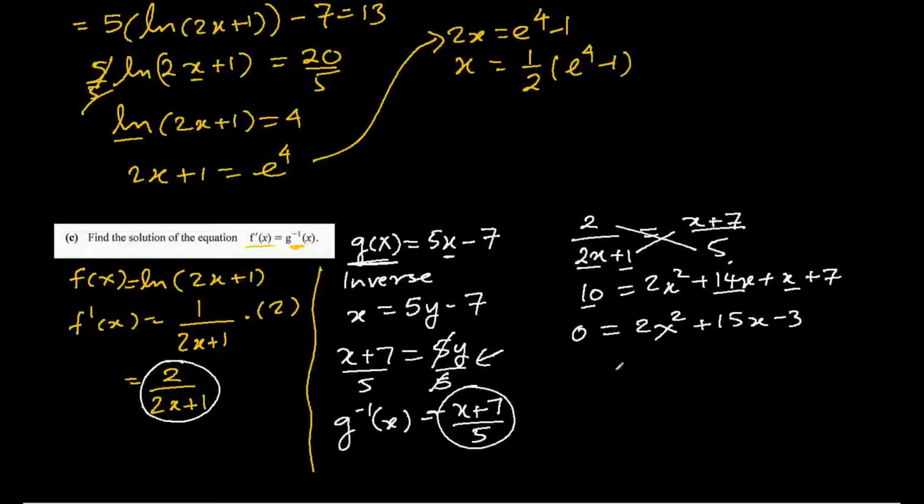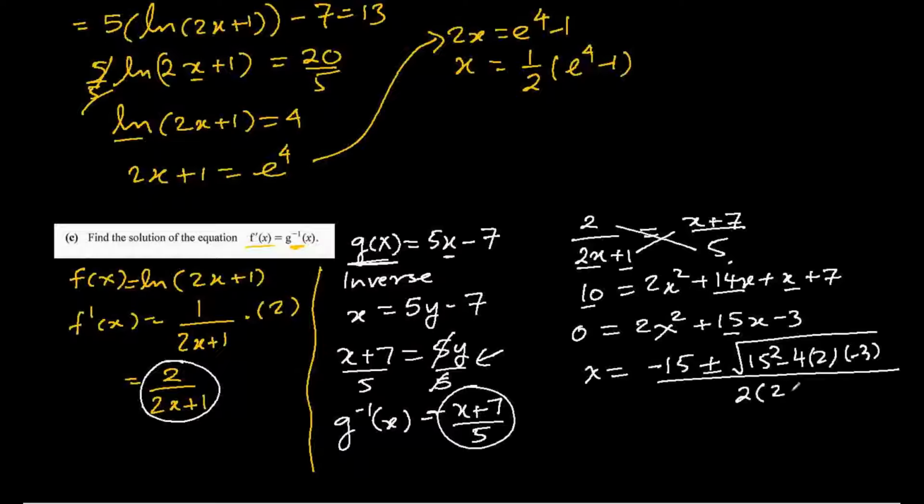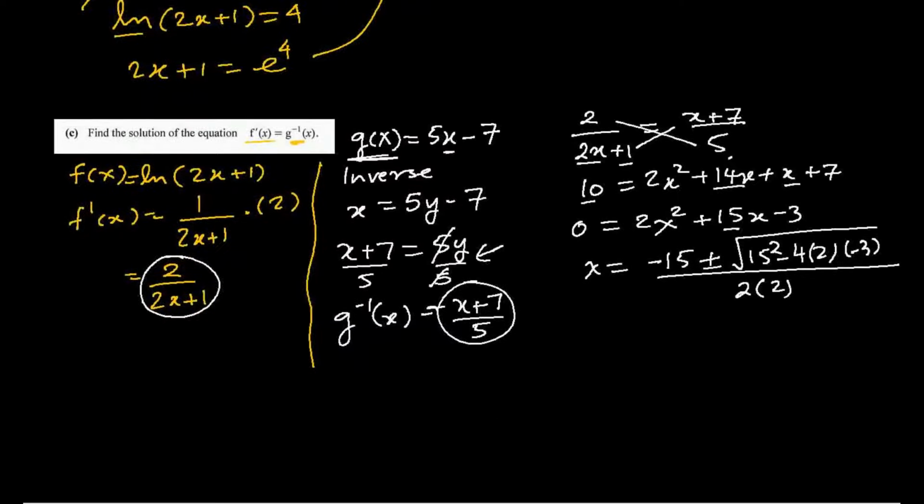So let's use the quadratic formula. x equal to minus b, 15 is b for us, plus minus square root of b squared minus 4 times a times c, over 2 times 2. So what do we get here? Minus 15 plus minus the square root of 225 plus 8 times 3, 24, 249, over 4. So we have two solutions for this.